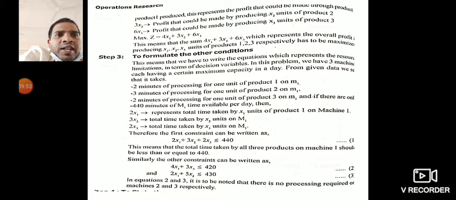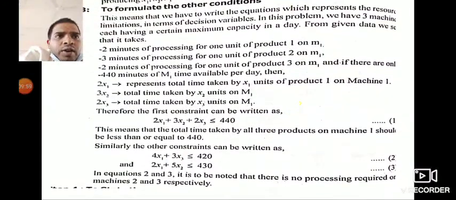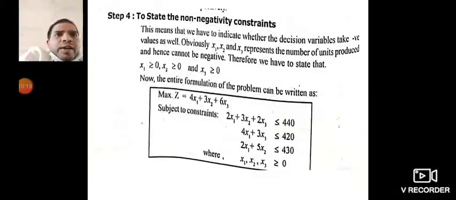Similarly, write the constraint for machine 2, equation 2: 4x1 plus 3x2 less than or equal to 420 minutes. Similarly, for machine 3, we can write 2x1 plus 5x2 less than or equal to 430.